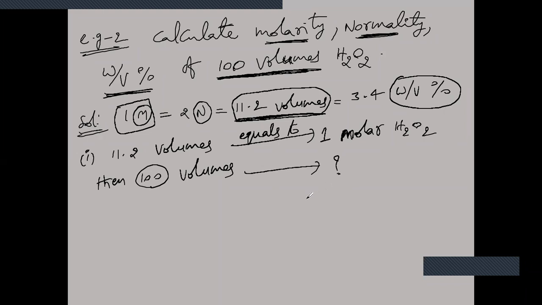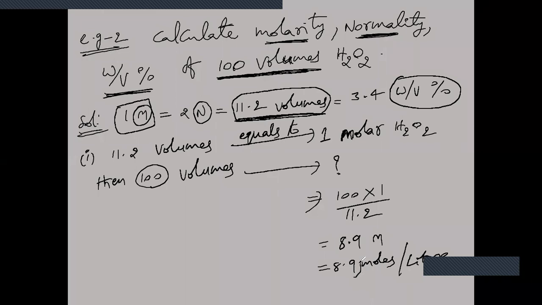Again, cross multiplication: 100 into 1 molar upon 11.2, approximately equal to 8.9 molar. That means 8.9 moles per liter.